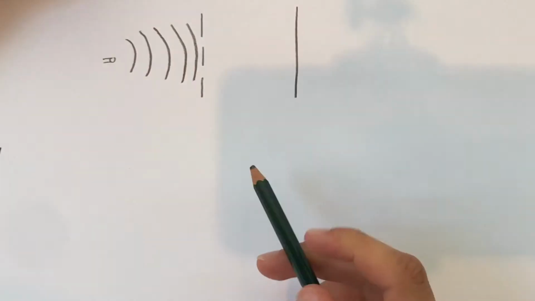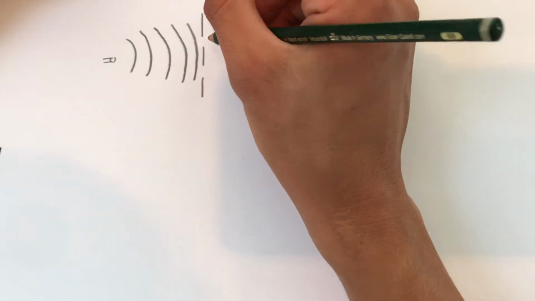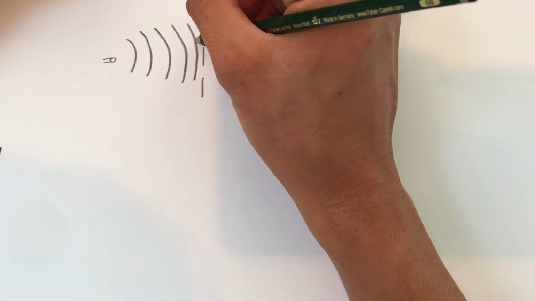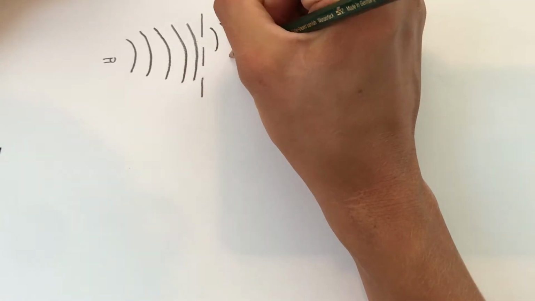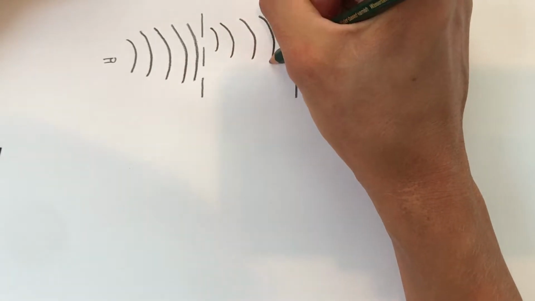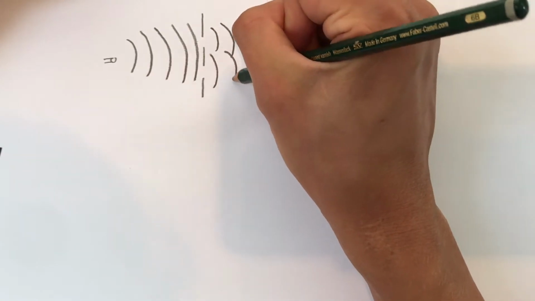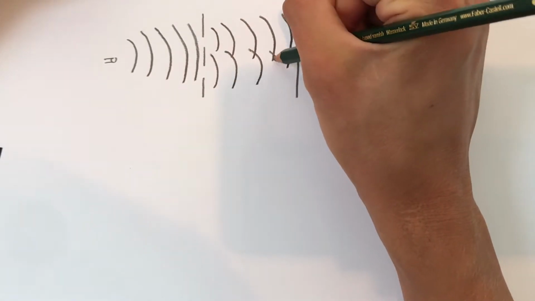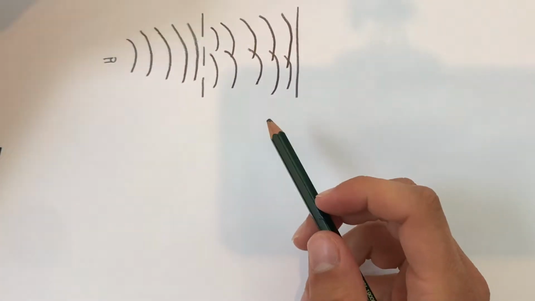It will come to the point where it has to break up into two new waves due to these slits. So you will have one wave right here, and similarly, on the opposite side, you'll have the same thing. As you can see, these waves overlap, and that creates interference.